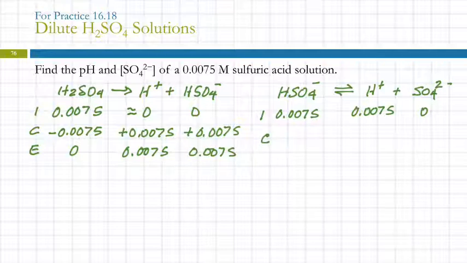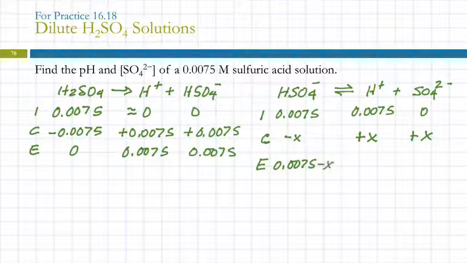And we're going to look at the change. And this is going to be minus X, and plus X, and plus X. So at equilibrium, 0.0075 minus X, 0.0075 plus X, and X.